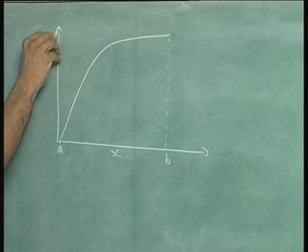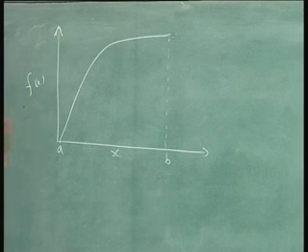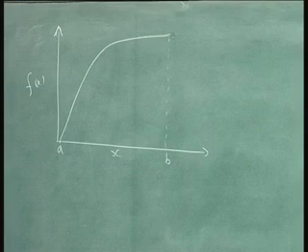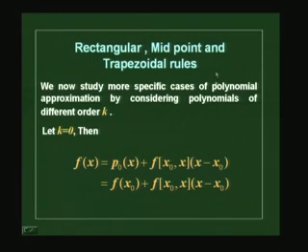So we can look at various schemes which I call here rectangular, midpoint and trapezoidal rules, and we can draw the area computed by these rules and see what the error in our calculation is. So a simple function like this would help us understand the error in these schemes.